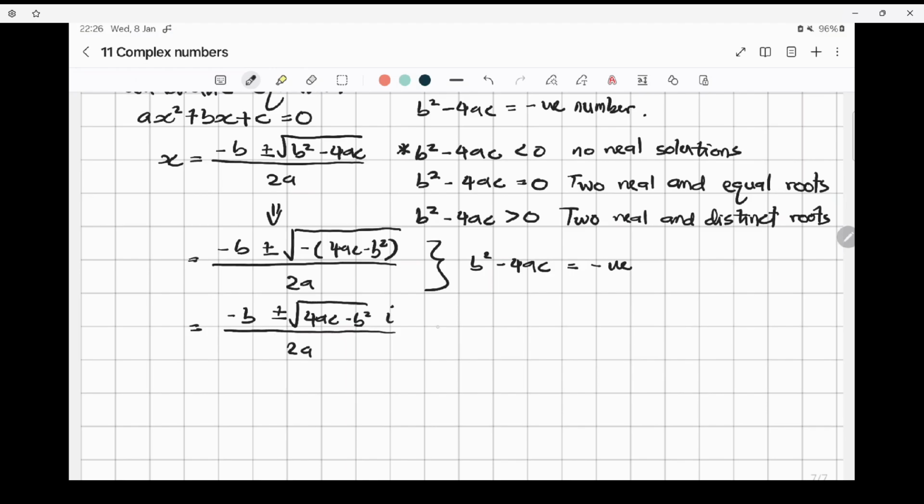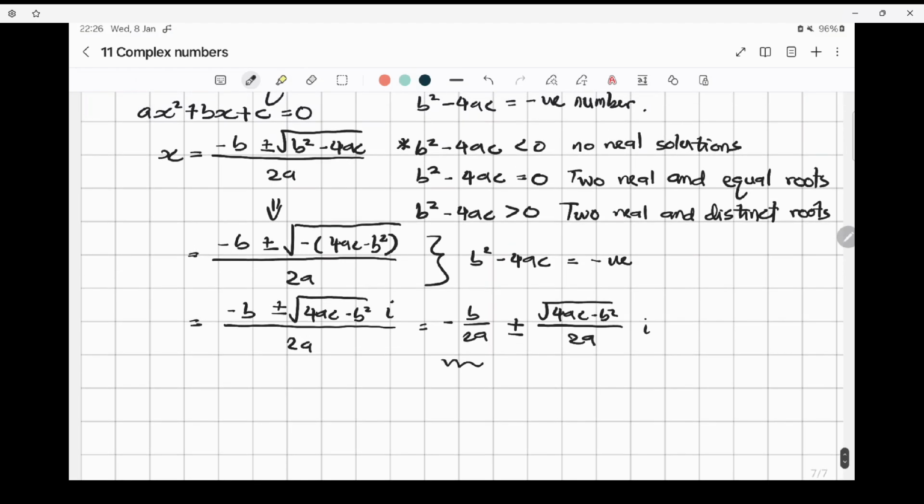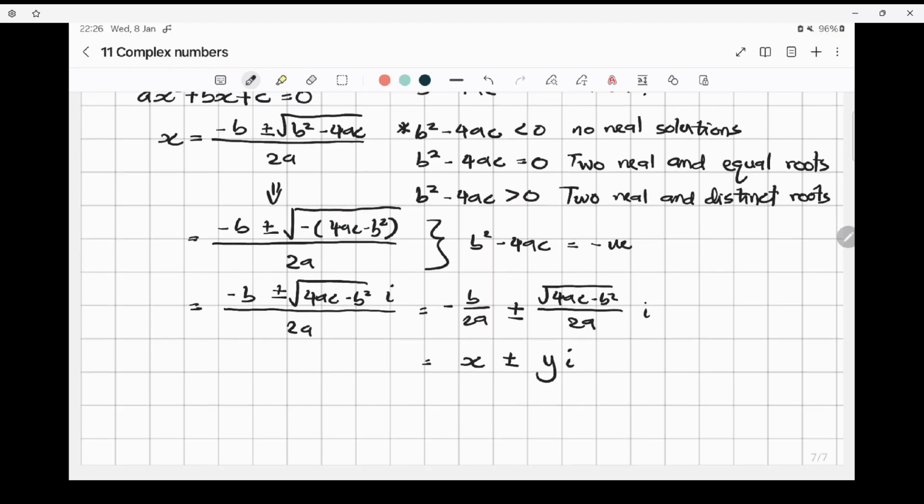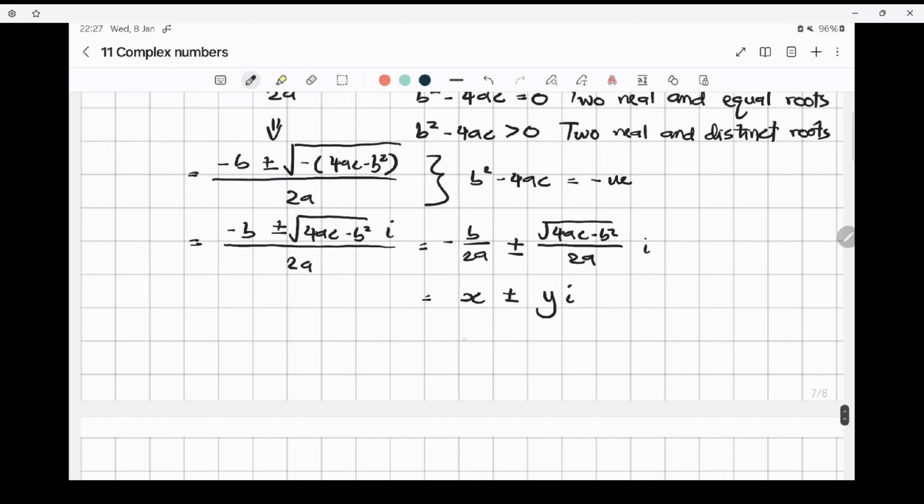Okay, so if you write it more carefully, you'll find that this whole thing will be just x plus or minus yi, whereby x will be equal to minus b over 2a, and y will be equal to square root of 4ac minus b squared over 2a.